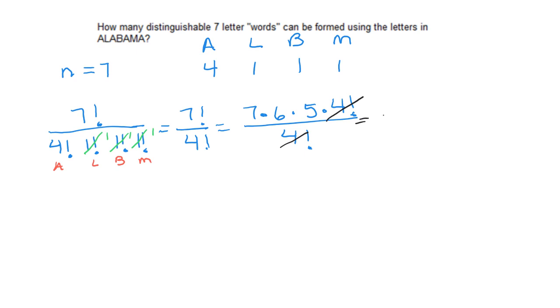And that looks like that'll give me 210 distinguishable ways or distinct ways. All right. So 210 distinct ways to create 7-letter words. And this concludes permutations.